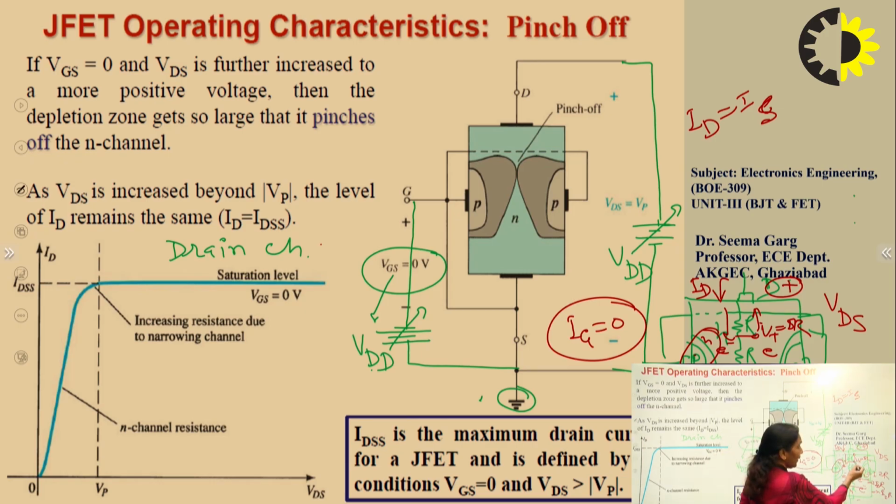Because the voltage drop here is less and the voltage drop here is more. That means the depletion layer thickness is also non-uniform. It is an elephant-like structure. Wherever the reverse voltage drop is more, the thickness of the depletion layer is more, and where the voltage drop is less, the thickness is less. This is how the increase in the depletion layer formation takes place along with the reverse biasing of the drain to source terminal.